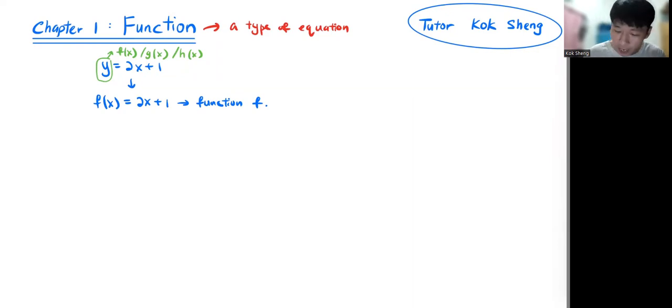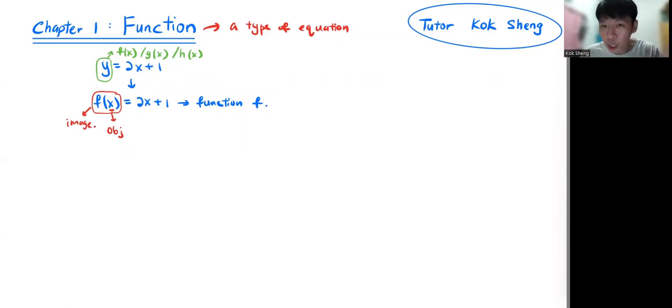Okay, so I continue. The next thing you have to know is about the object and image. These two numbers: this x, inside the bracket, we are going to refer to as the object. And the y, which is the f(x), we are going to represent by image.